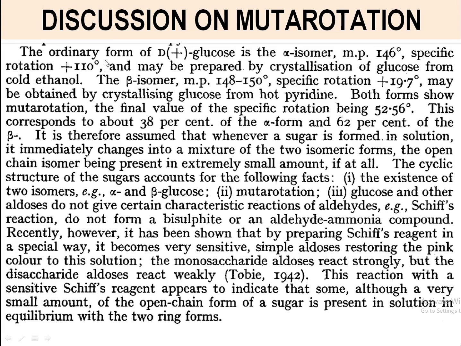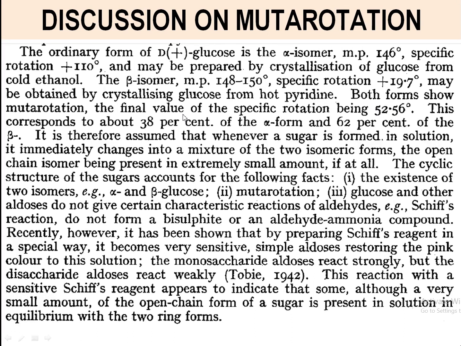It comes from the discussion that glucose has an ordinary form, the alpha isomer, with a specific rotation of plus 110 degrees, while the beta isomer has a specific rotation of plus 19.7 degrees. Now both forms show mutarotation and the final specific rotation value is plus 52.56 degrees. What happens then? When you take a solution of freshly prepared glucose, it doesn't happen immediately.